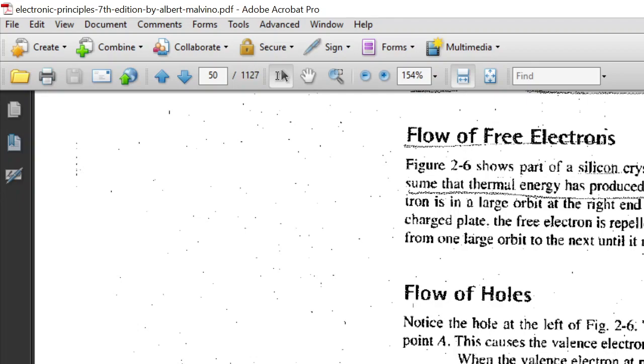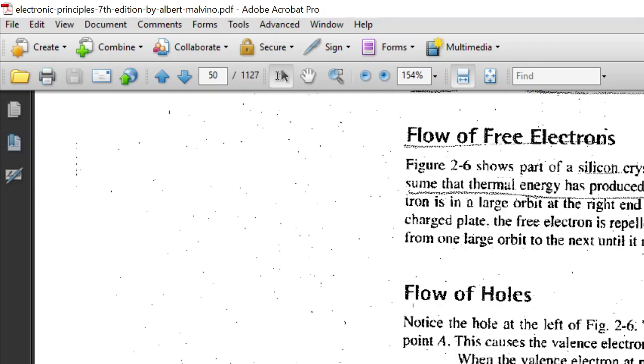So this free electron can move from one large orbit to the next until it reaches the positive plate. Remember that the free electron is not in the valence shell but in an orbit higher than that, and that's the reason why it is free, because it experiences almost negligible attraction to the core. So when a potential difference is applied across this crystal, the free electron will move from the negative potential to the positive potential.